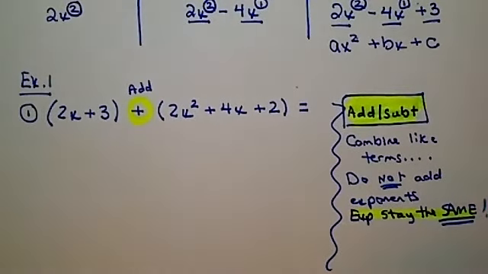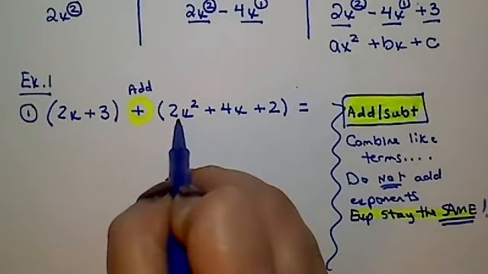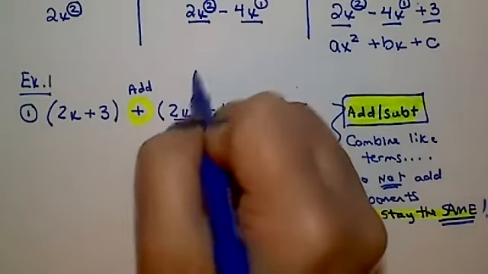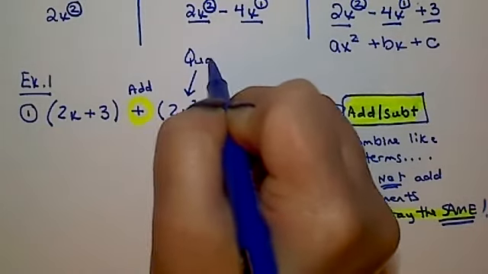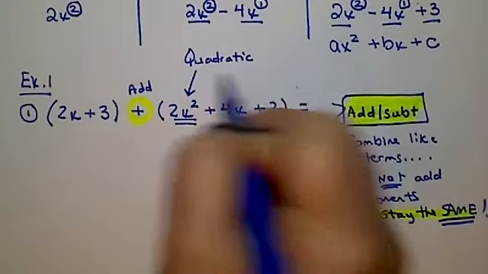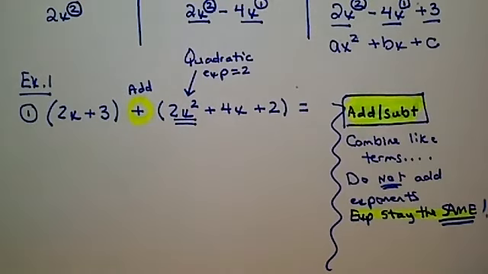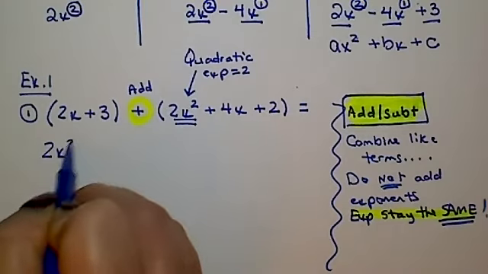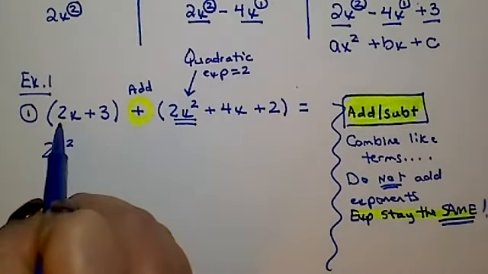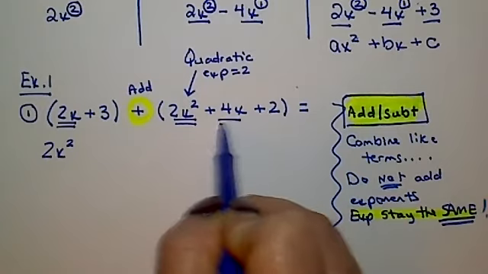So we're going to start with your highest exponent, which is a 2. That is called a quadratic. A quadratic has an exponent of a 2. So we're going to try to put all quadratics together. I don't see any more, so I'm going to put him in the front. Then I'm going to put together my x's.